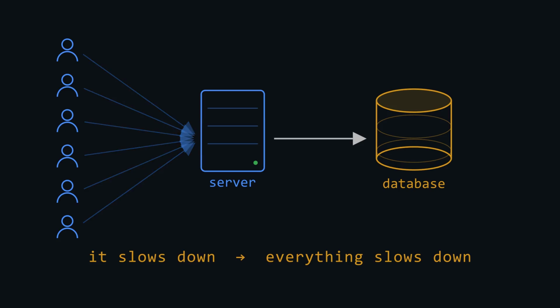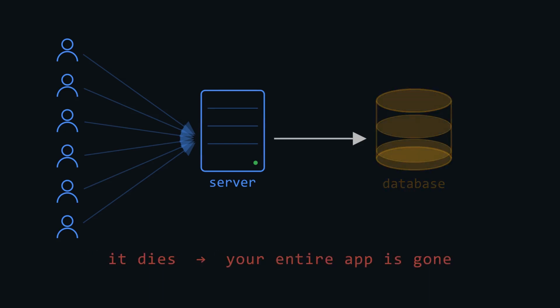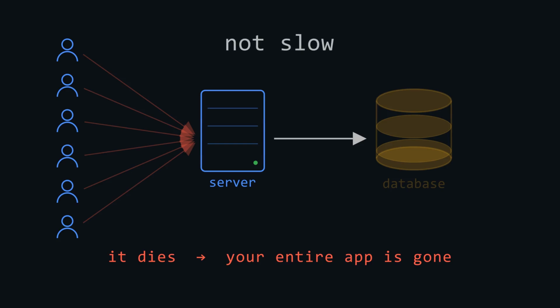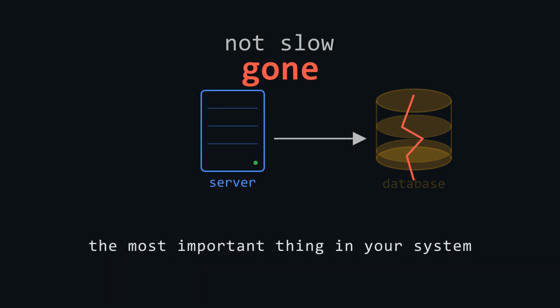And if it slows down, everything slows down. If it runs out of room, everything stops. If it fails, your entire app is gone. Not slow, gone. The most important thing in your system is now also the most fragile.